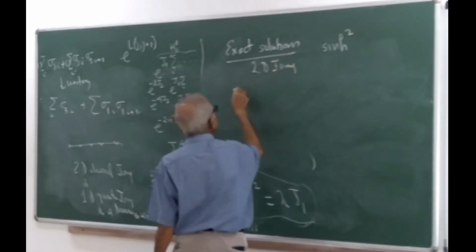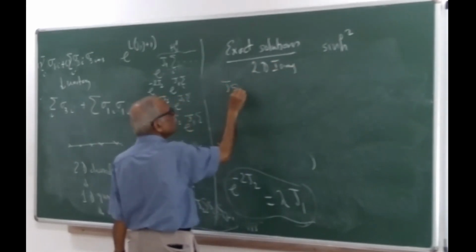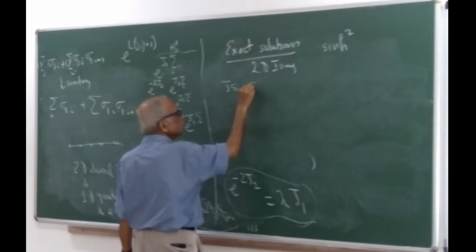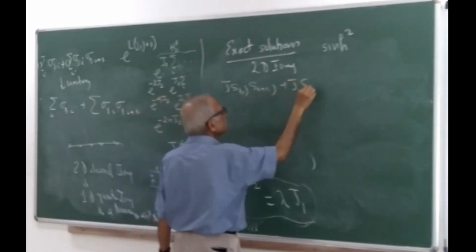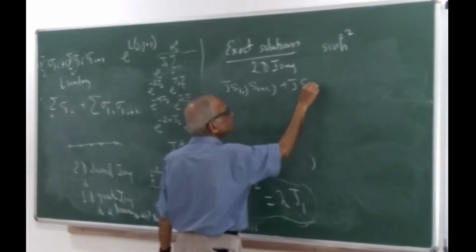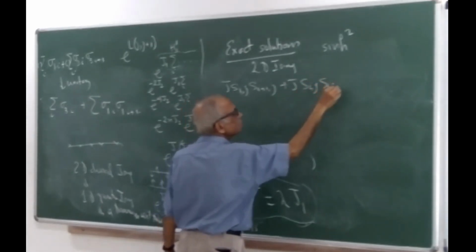Coupling constant J, so J S I J S I plus 1 J plus J S I J S I J plus 1.